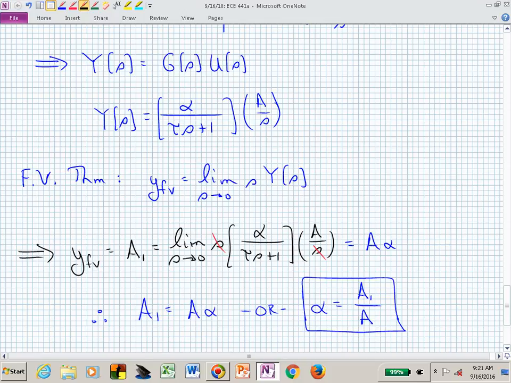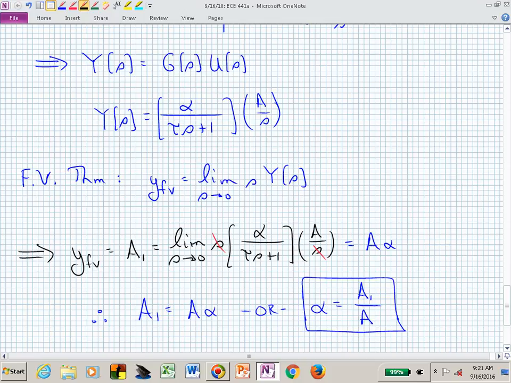We end up with a 1, and all that remains is A alpha. We know what A is. Maybe we've said we put in 4 volts, so capital A would be 4. If we put in 10 volts, capital A would be 10. A1 was our final value of the output. We can measure that. So now this gives us a way of identifying the alpha.